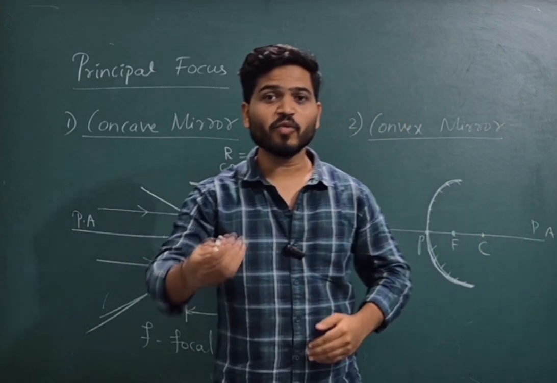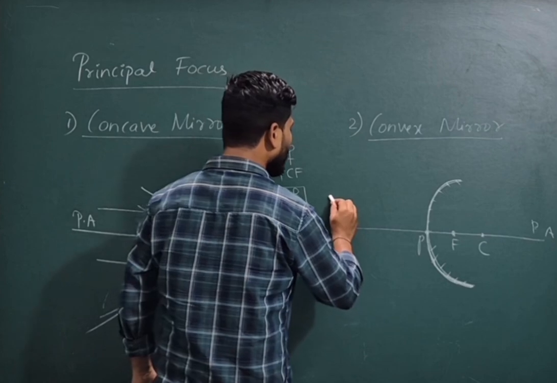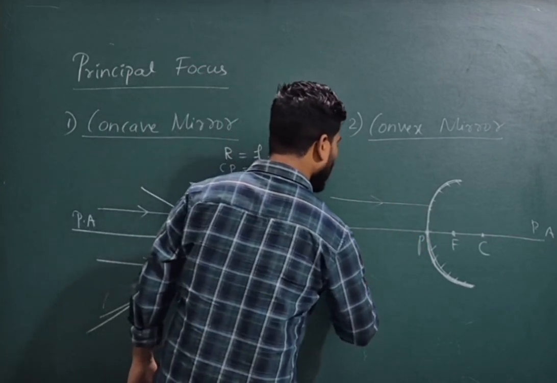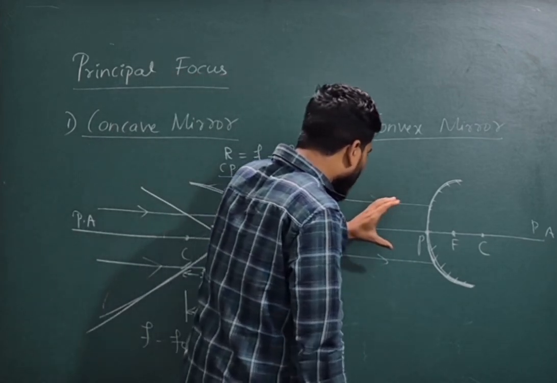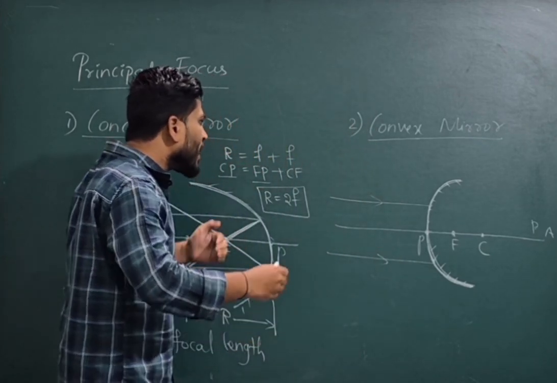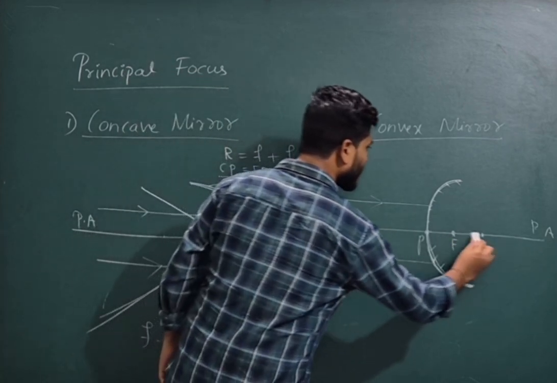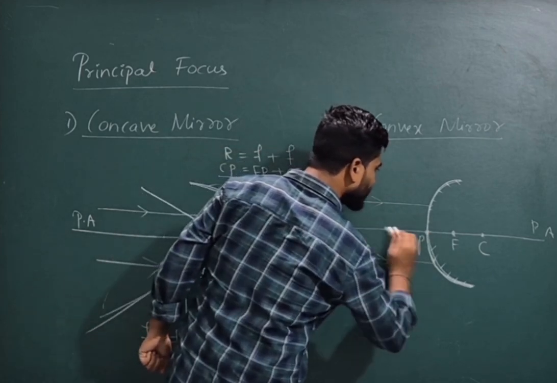They will become parallel light rays. Now my parallel light rays are coming. This is one light ray and one more light ray is here. These light rays are coming by becoming parallel to this principal axis. These two light rays are parallel to this principal axis.